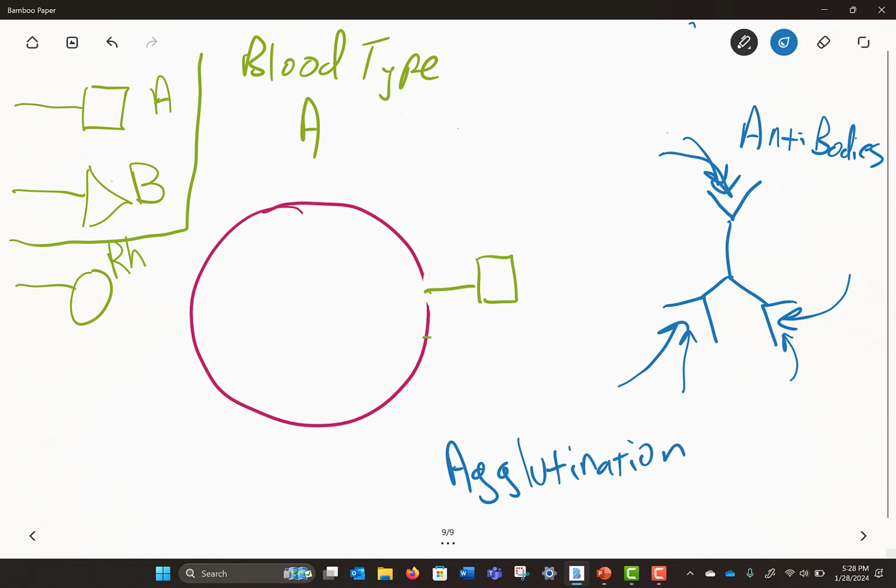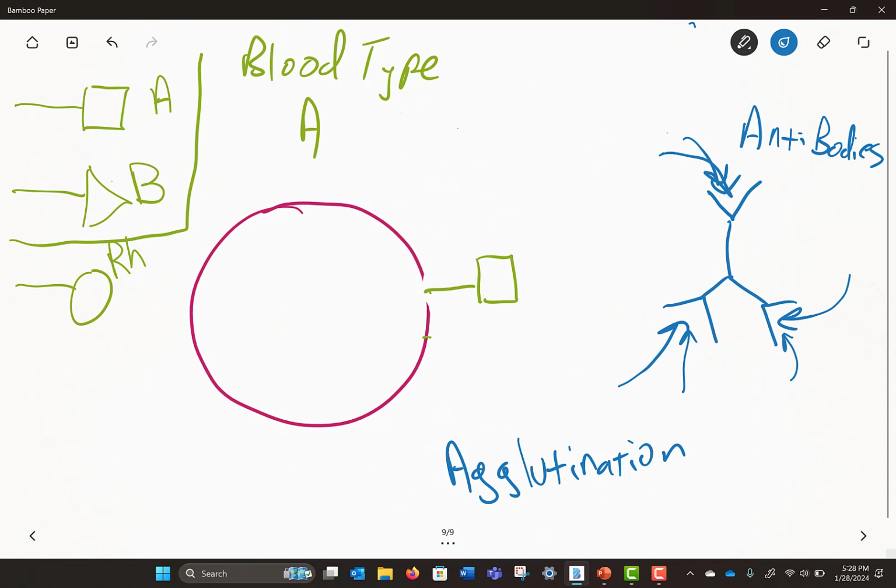agglutination. Agglutination is clumping. Now, that is not the same as clotting. Clotting is something different that we will learn about on another day. Clumping is called agglutination. And when this happens, one, it's causing all of those cells to stick together. And two, it's going to cause another reaction that results in these cells being split and broken apart in a process called hemolysis.